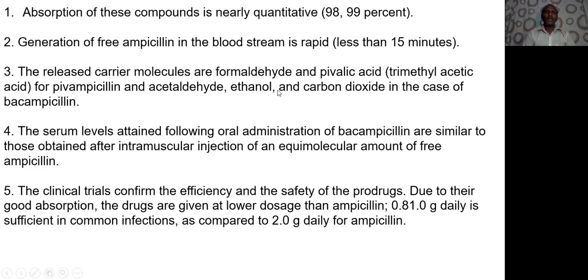Then the released carrier molecules, as I already told you: pivalic acid, which is trimethyl acetic acid, and in bacampicillin we have seen acetaldehyde and ethanol, and carbon dioxide in both cases. So this is what happened: 98% bioavailability for pivampicillin and 99% for bacampicillin.